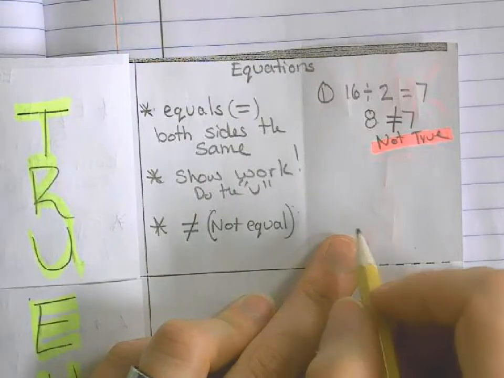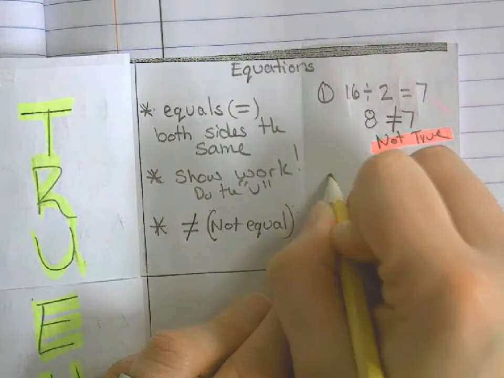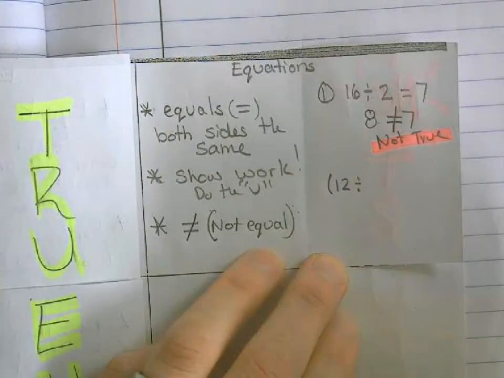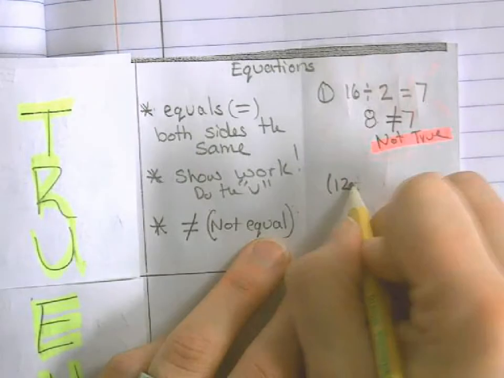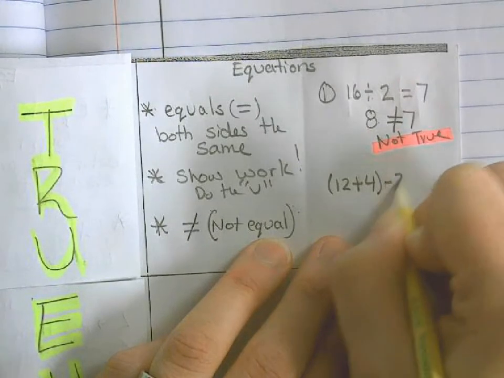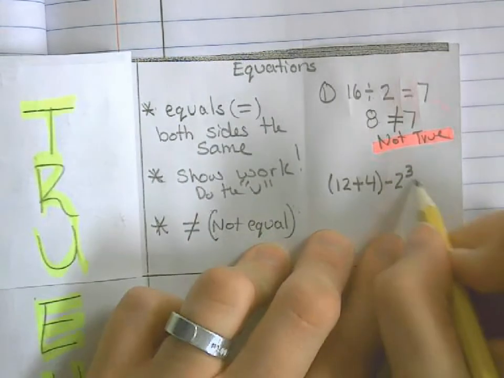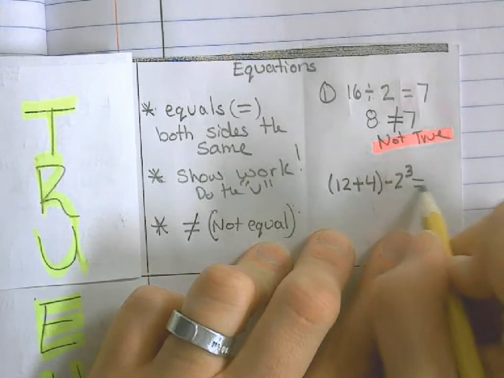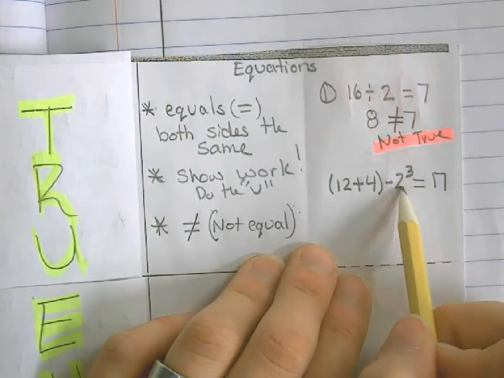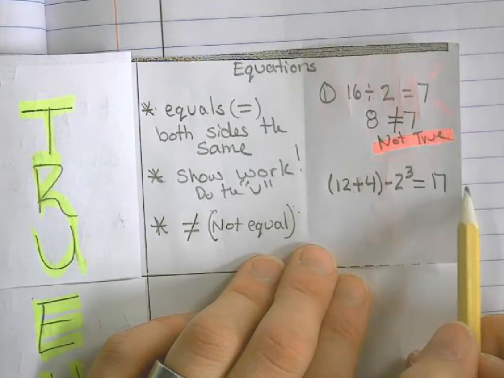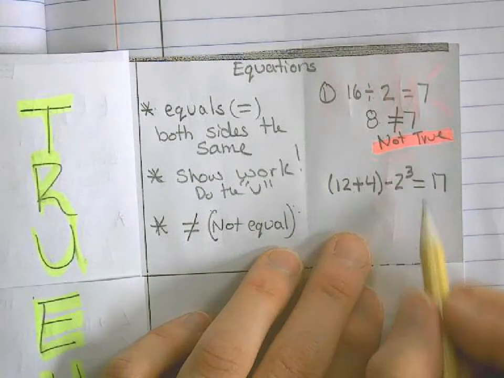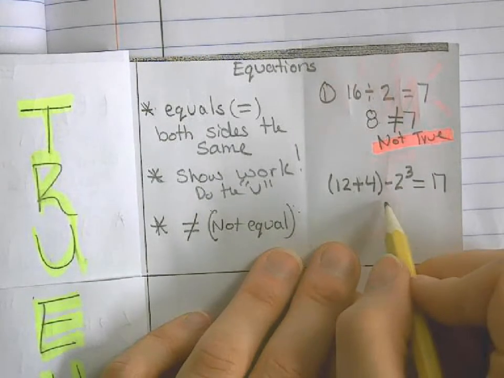Okay? So let's take a look at a little more complex one. What if we have 12 divided by, not divided by, 12 plus 4 minus 2 to the power of 3. Okay, that's going to equal 17. So again, when we first look at this problem, it's not as easy to tell if it is equal to 17 or not. So we need to make sure we do our work, the V, and work out the problem step by step.